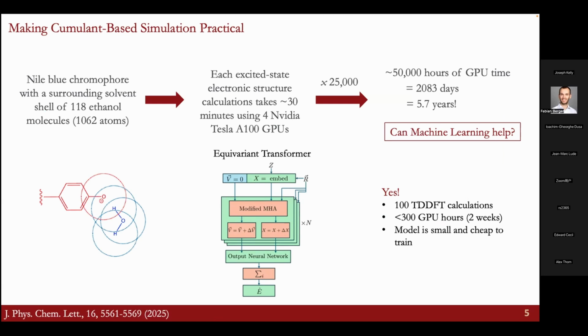So this is one of many iterations we've gone through. A lot of earlier work in the group used home-built code that was based on symmetry adapted functions for these atom-centered descriptors, and a neural network model built on that. Those were a lot less data efficient and required on the order of 600 to 1,000 Nile blue configurations in order to train.